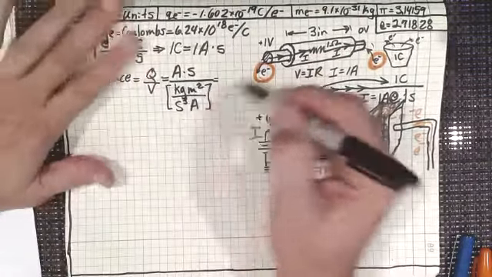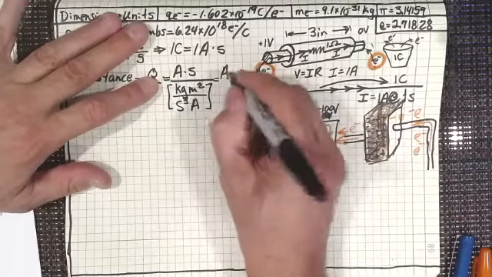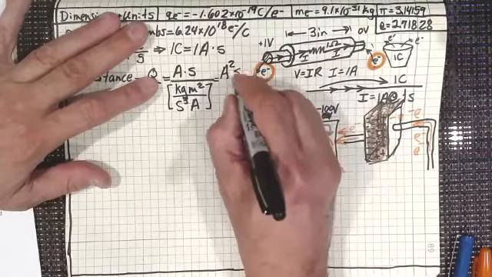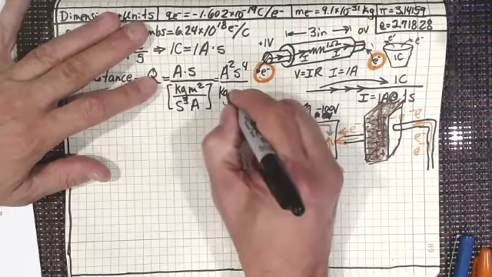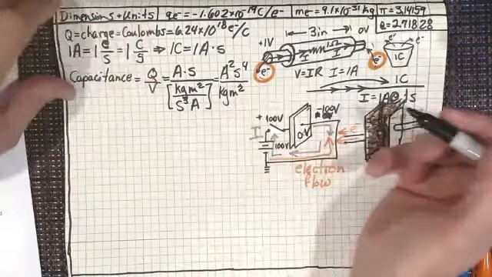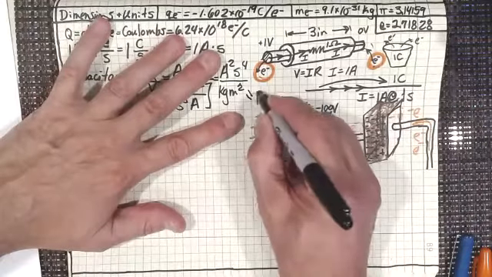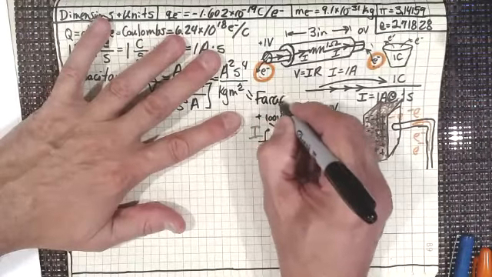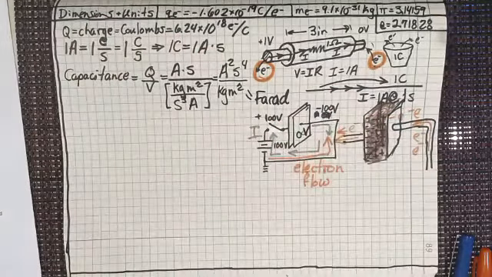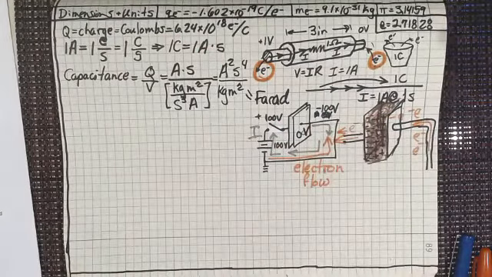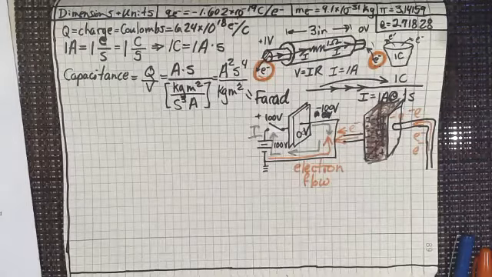You know that we've already taken the numerator times the reciprocal of the denominator, so we get an amp squared seconds to the fourth over a kilogram meter squared. And what do we call that? We call that a farad, after Michael Faraday, the great British scientist and experimenter. And so that's capacitance.